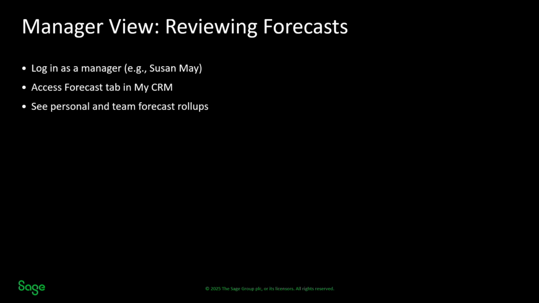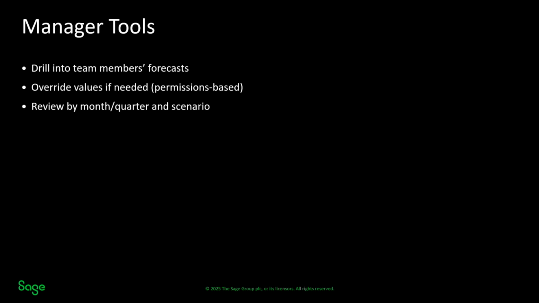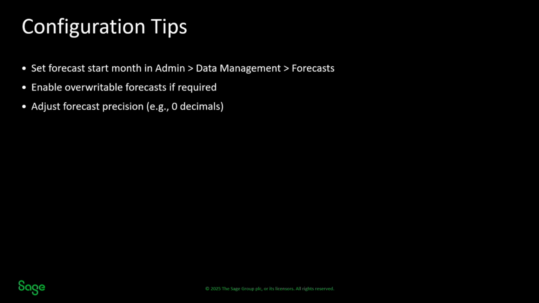Managers can review the forecasts, set quotas for their subordinates, override those quotas, and drill down into each person within our forecast to review each month and the overall quarter's performance.